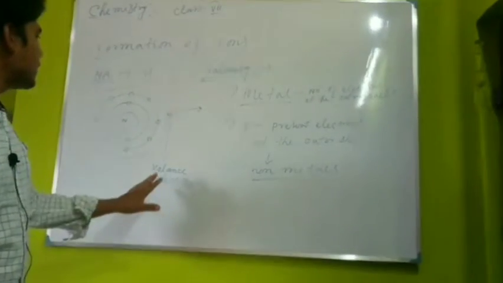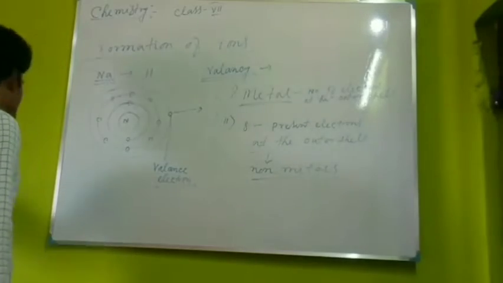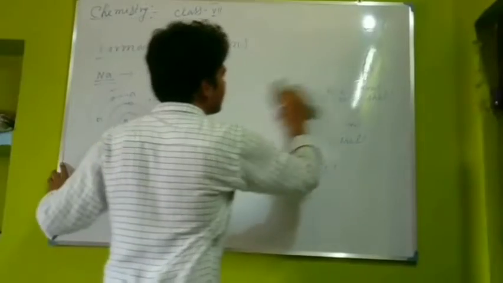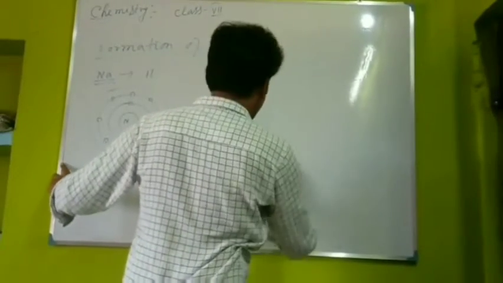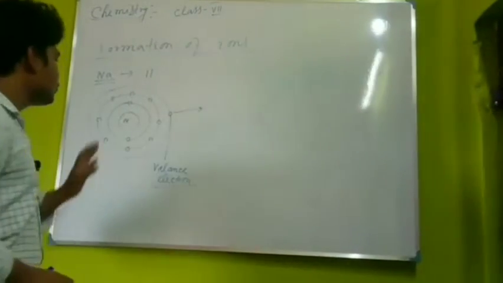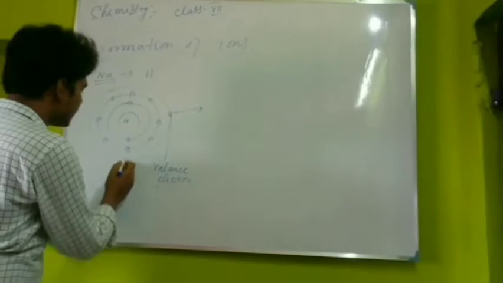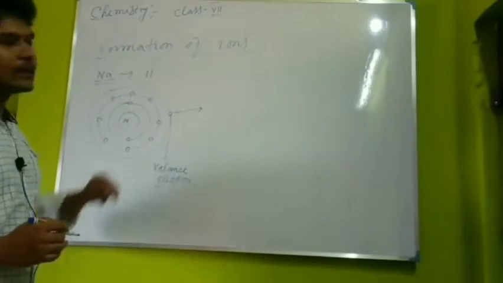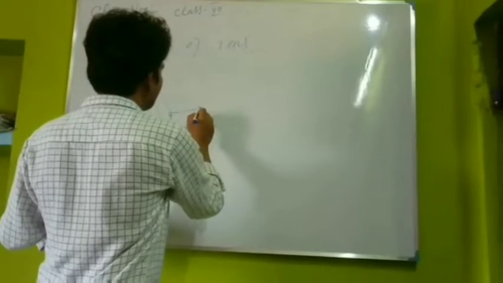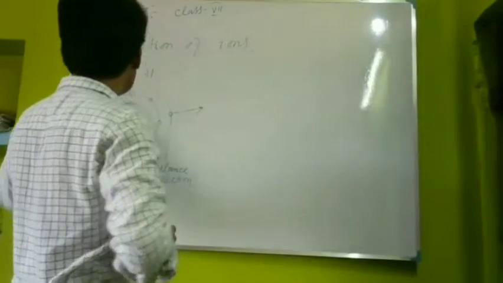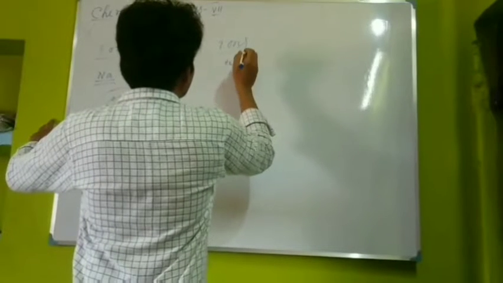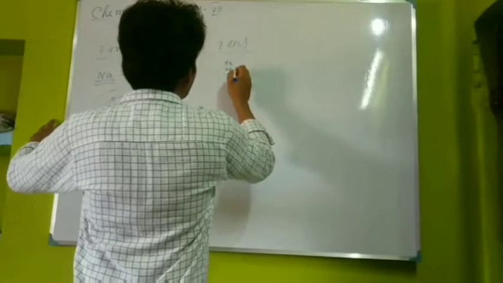Now the valence electron for sodium is 1 because only one electron is present at the outer shell. So it always tries to get the electronic configuration of its nearer inert gas. Its nearer inert gas at first comes helium, then neon.